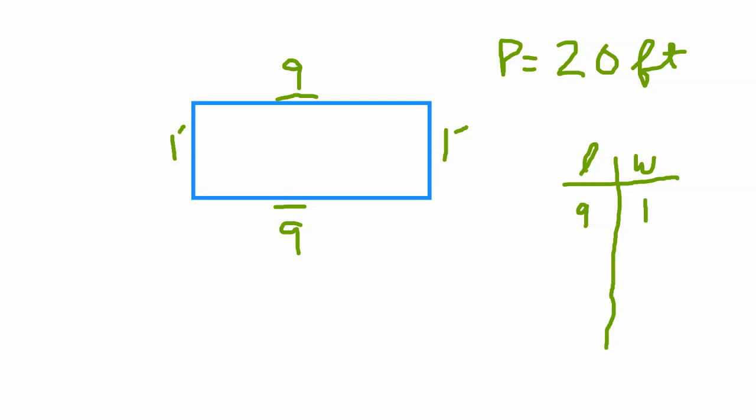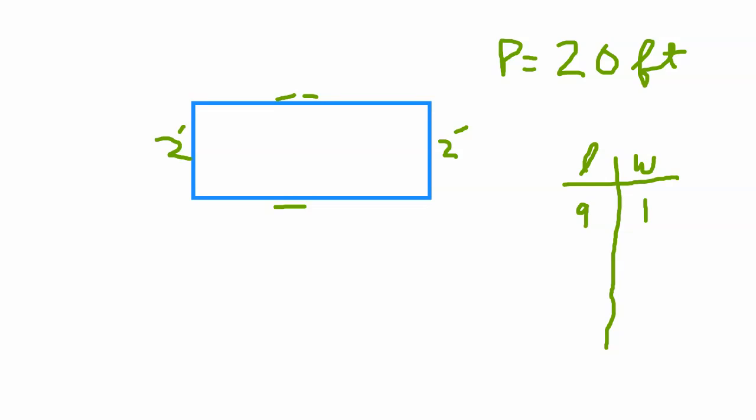Okay, now let's go in and say, well, what if the side widths are 2 feet? Well, then 4 of your feet is already used up from your 20 feet of fencing. So you take 20 minus 4 is 16.